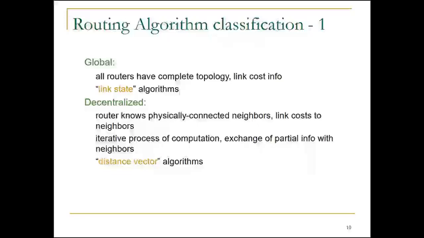And in a decentralized classification, routers only know their physically connected neighbors. So link costs to neighbors only are essential. And we have an iterative process of computing and exchanging information across the various neighbors, so at least we can discover our neighbors and their status in terms of their link cost.